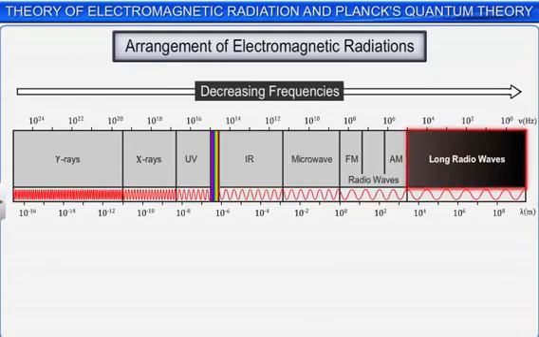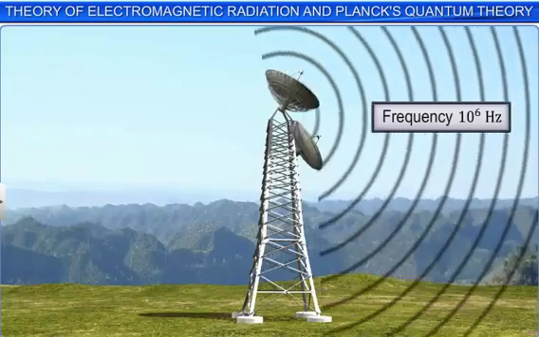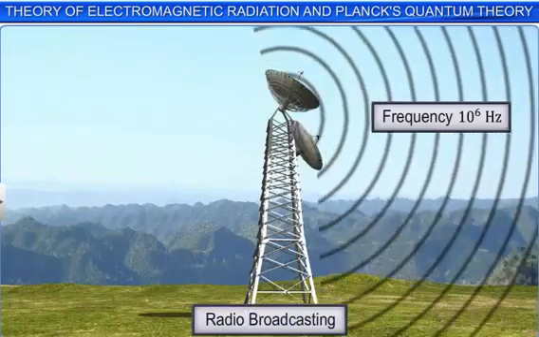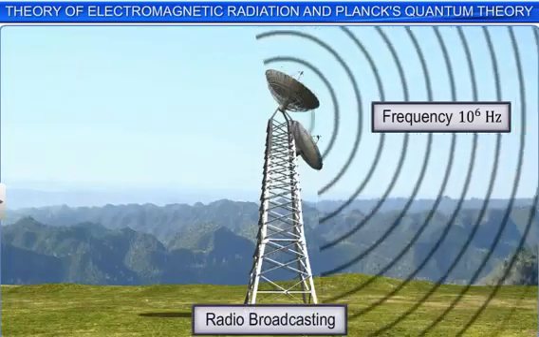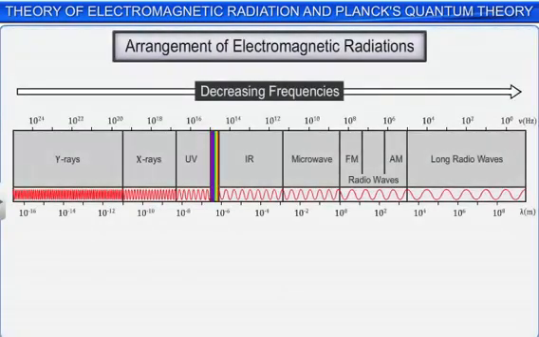Radio frequency region around 10^6 Hz is used for broadcasting. Microwave region around 10^10 is used for radar. Two other kinds of electromagnetic waves are X-rays and gamma rays.